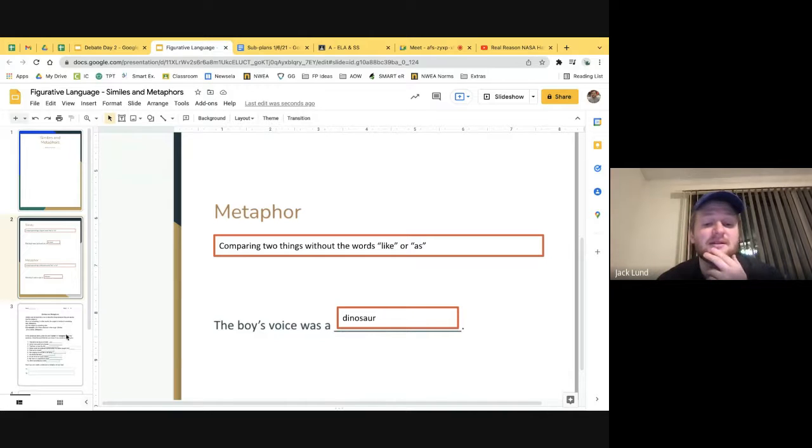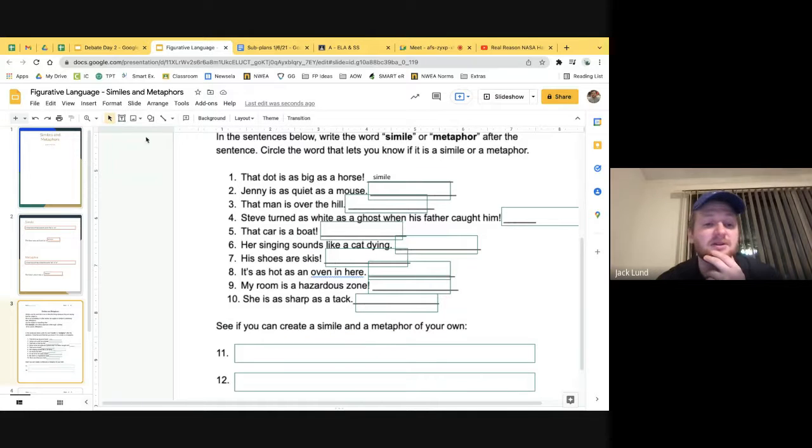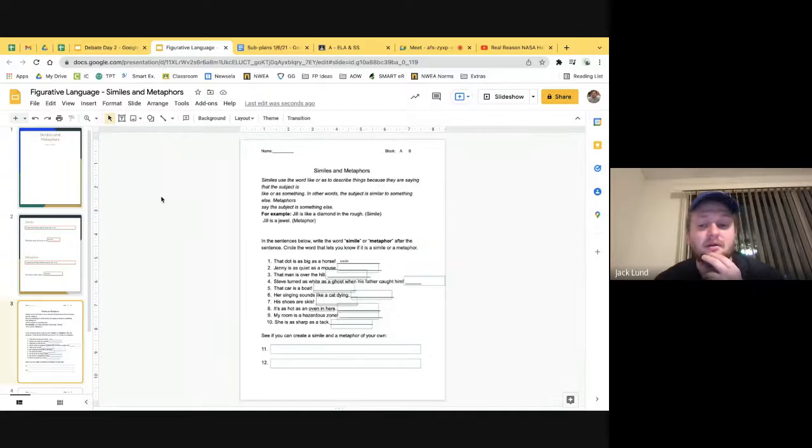You can see this page here, and we zoom back out. Same thing. You're going to be looking at these first 10. You're going to be writing in these boxes here if these are similes or if they are metaphors. So you're going to be looking for those two words, like or as. If it has those words, simile.